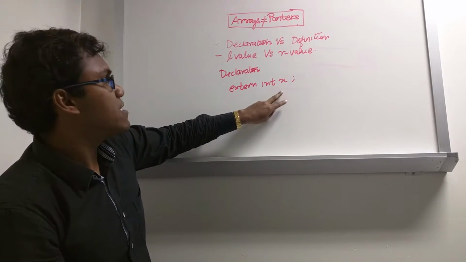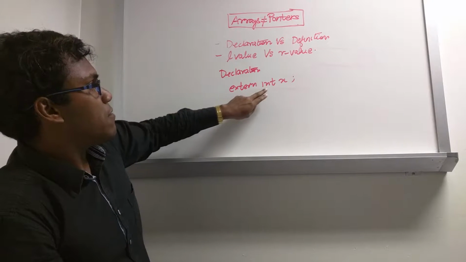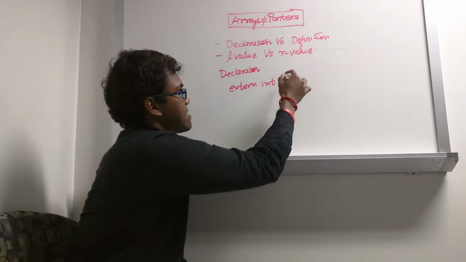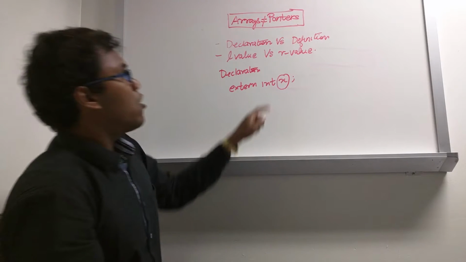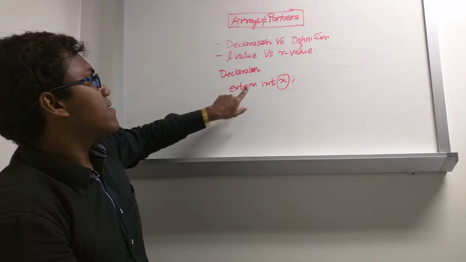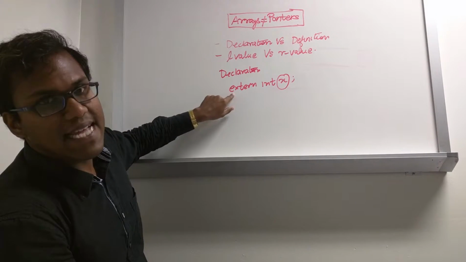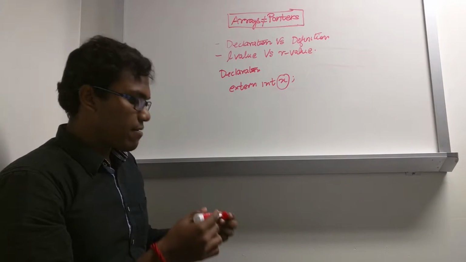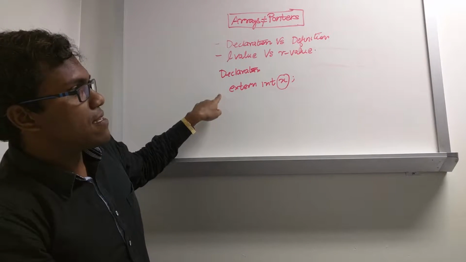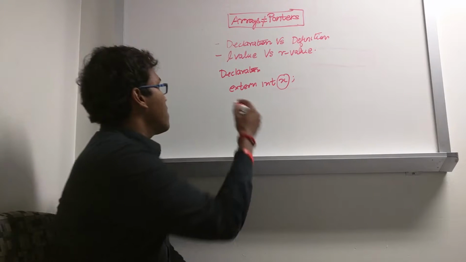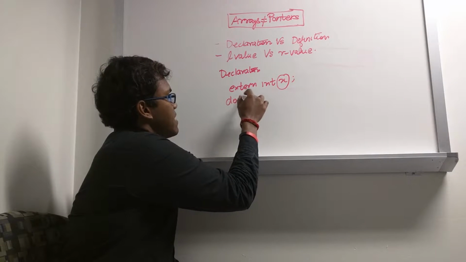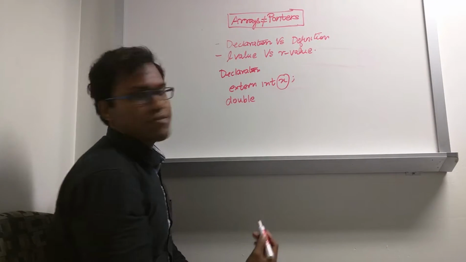It's just a C thing. And what this says is that x is a thing of type integer, and what this extern says is that it is defined elsewhere.